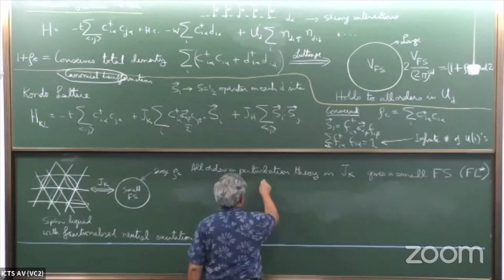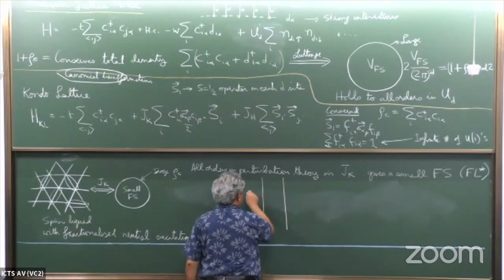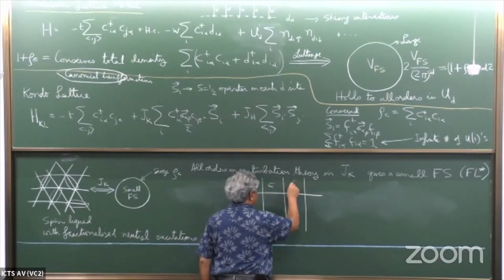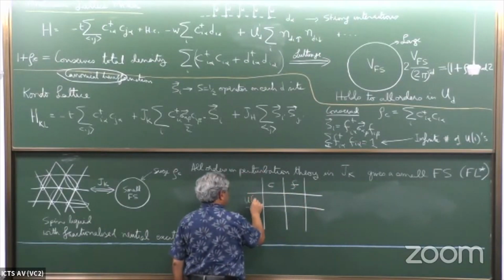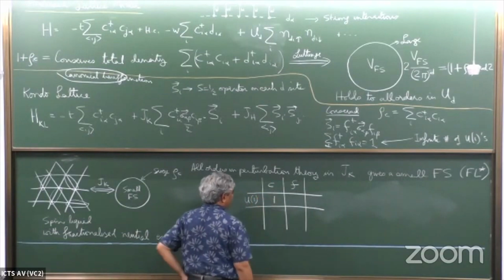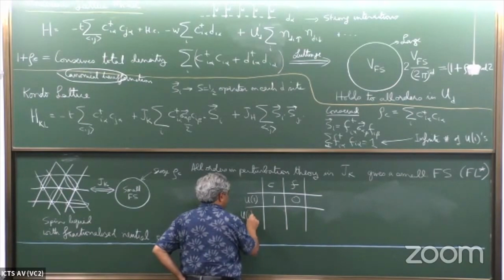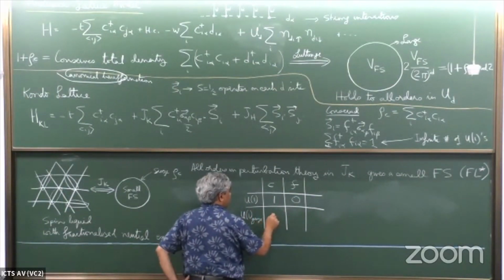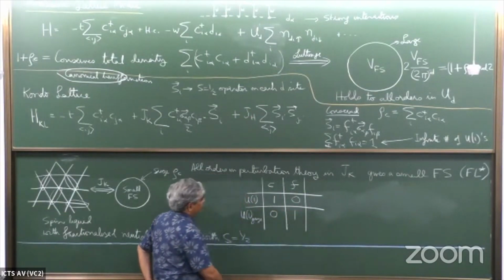So there are two symmetries. I'll make C here and F here. There's the U(1) symmetry, which is the global U(1) symmetry, in which C has charge 1 and F has charge 0. And there's U(1) gauge, where this is charge 0 and this is charge 1.